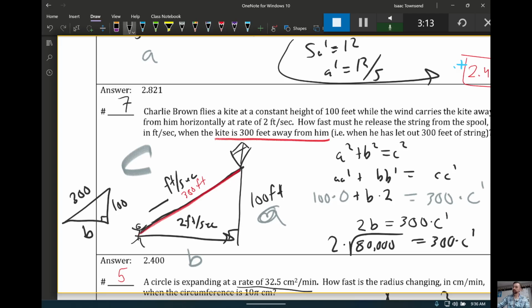And then our answer comes from dividing both sides by 300. So 2 times the square root of 80,000 divided by 300 gave me 1.886.